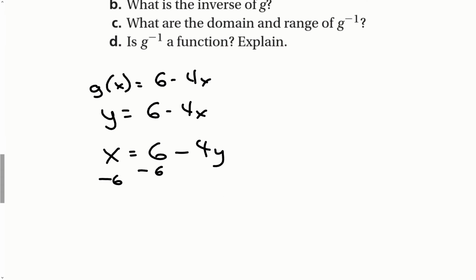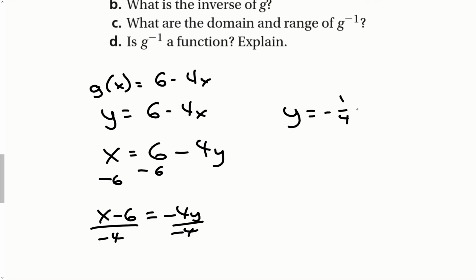So we have x minus 6 is equal to negative 4y, and divide everything by negative 4 to give me y is equal to negative 1/4 x plus, let's just reduce it, 3/2.